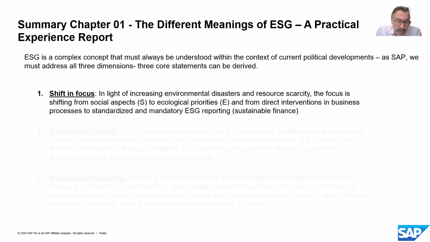Topics like the combustion ban or the Lieferketten-Sorgfaltspflichtengesetz, the CSDDD, there is more focus on other topics. There's more focus on ESG reporting, on ESRS, and lower focus on CBAM or regulations like that.